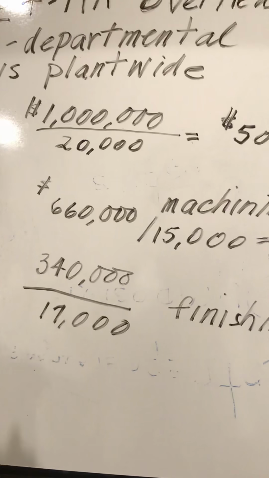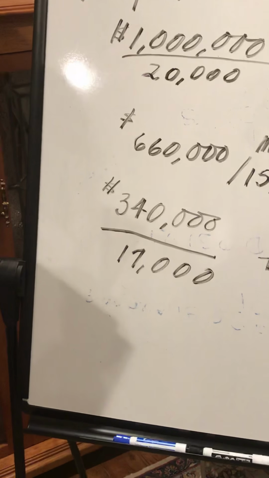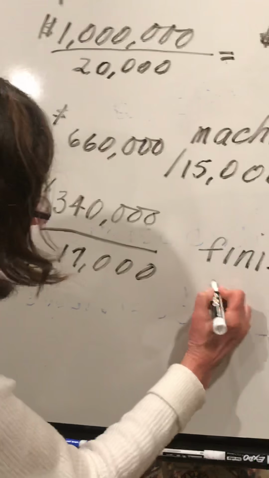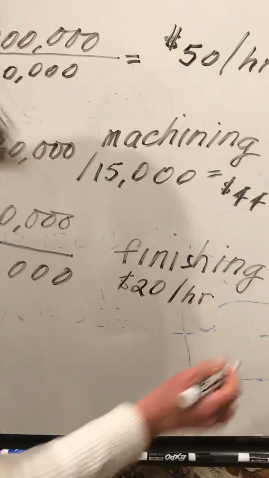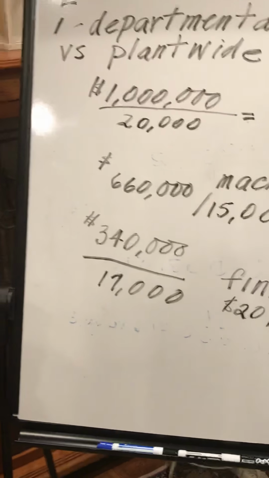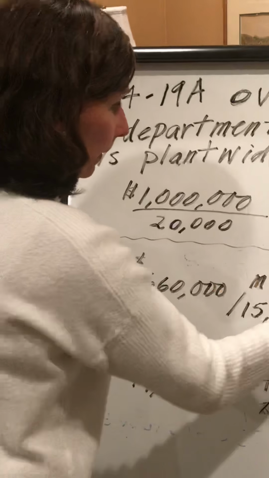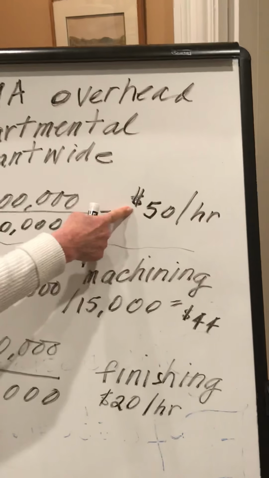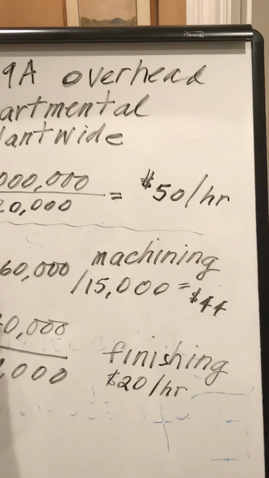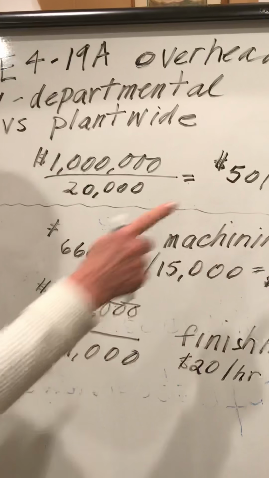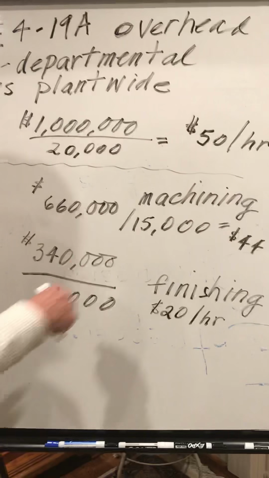And if we divide 340,000 in the finishing department by 17,000 hours, that will give us $20 an hour. Okay, so we have two different ways to look at this. We've got a plant-wide rate of $50 an hour, or we have two departmental rates: machining based on machine hours, finishing based on direct labor hours. So now we have two different rates.